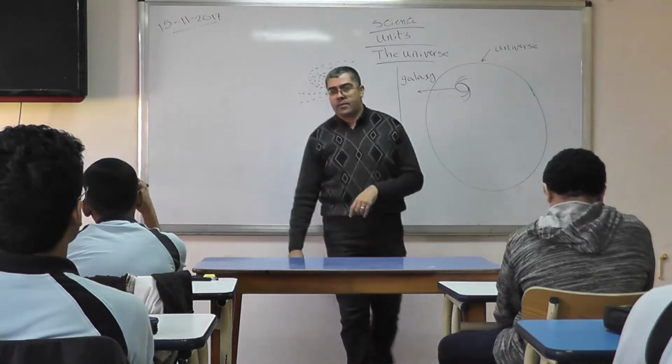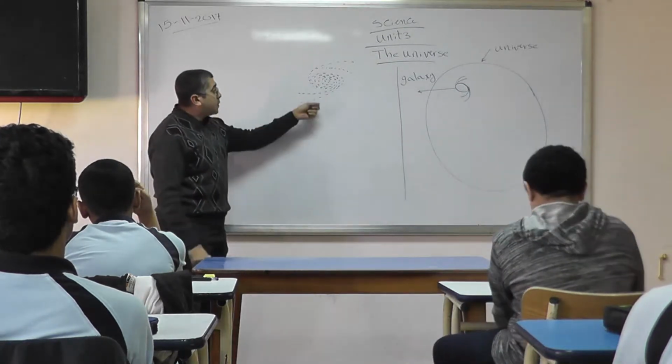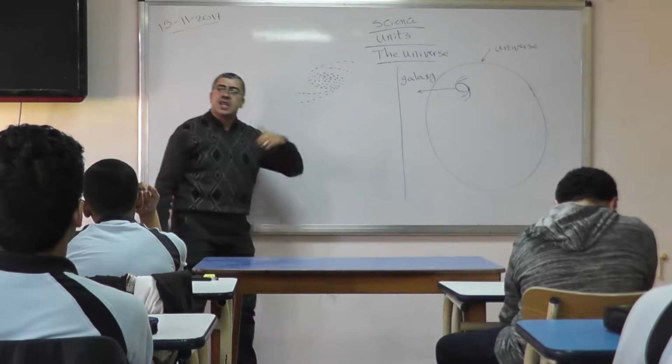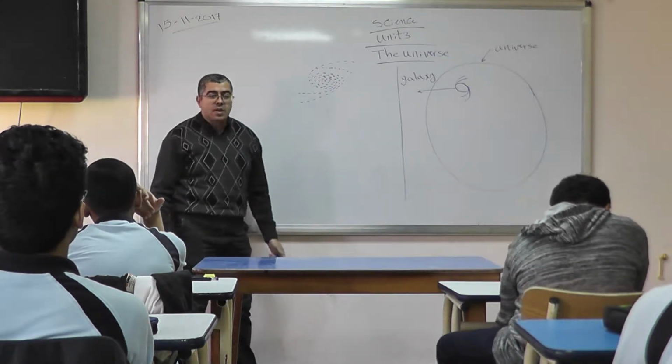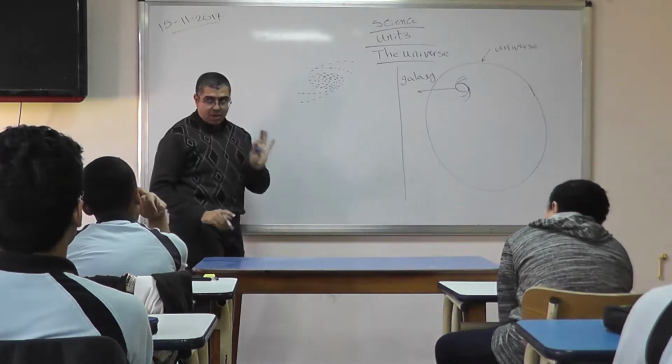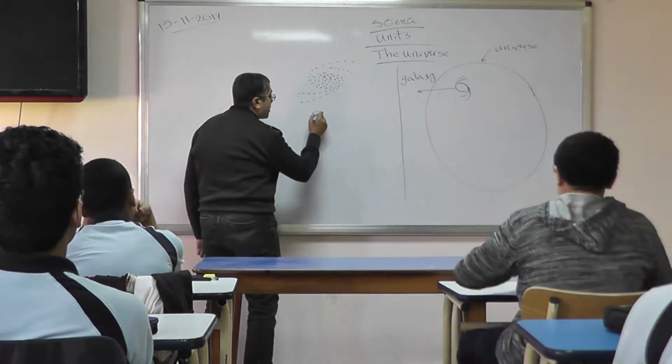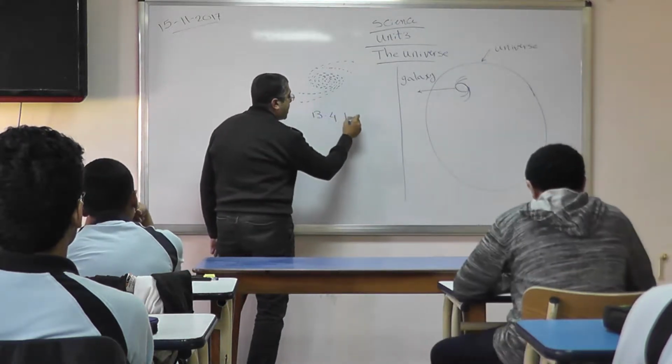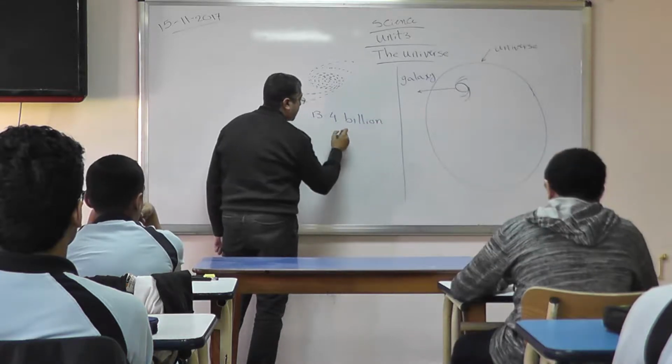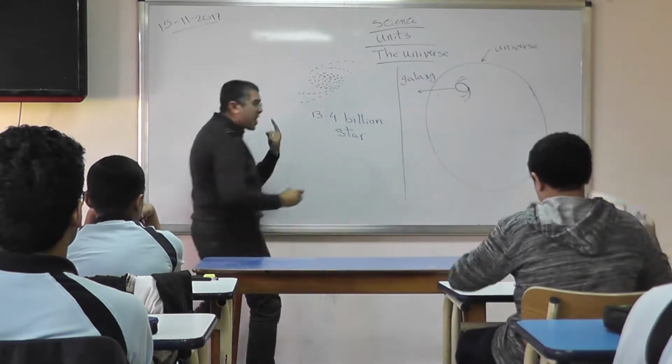For information, the number of stars inside this galaxy is about 13.4 billion stars in one galaxy.